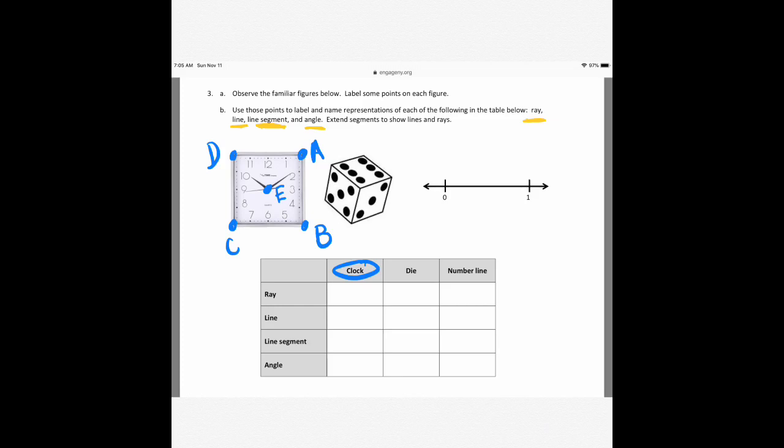So I'm going to choose A and B, and I'm going to go past B to make a ray, and then I'm going to write it in my table as ray AB. So I'll write AB, and then I'll put a small ray symbol over it, which is a line segment with an arrow going one way.